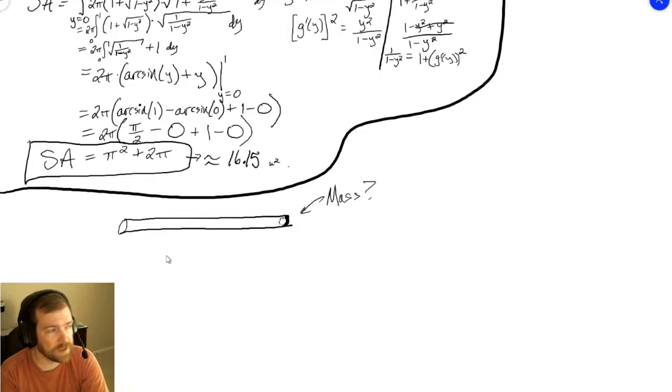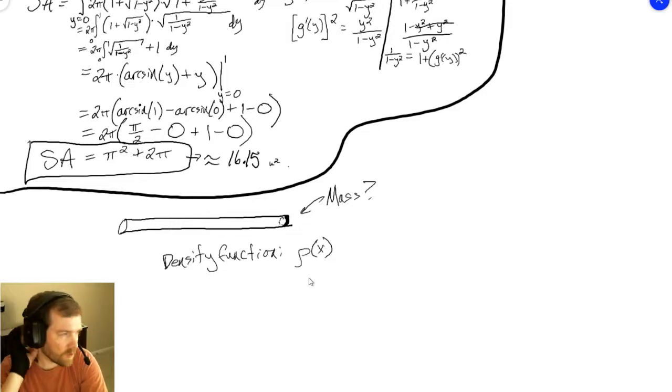If you know, for instance, that there is some sort of density function, which is determined by some function rho of x, which allows you to define the density of that object along its length.